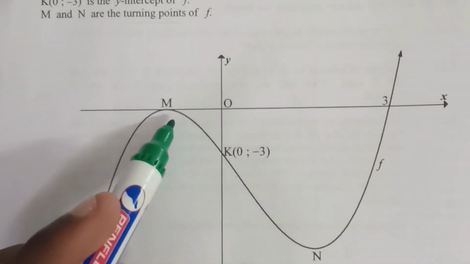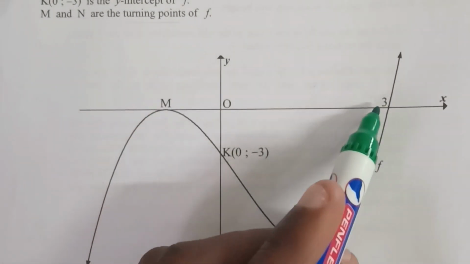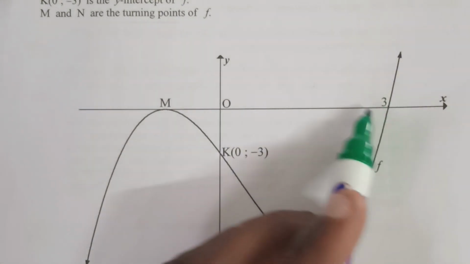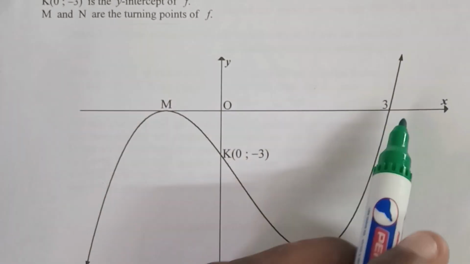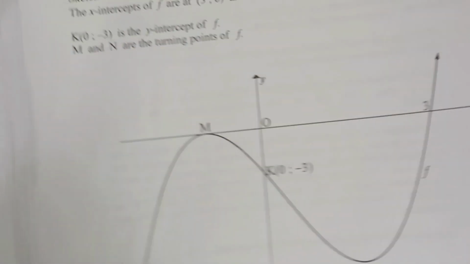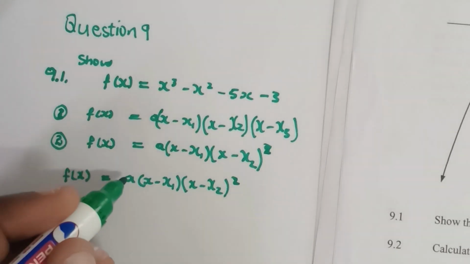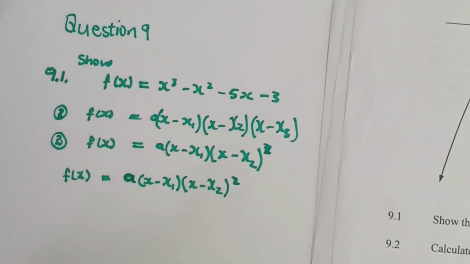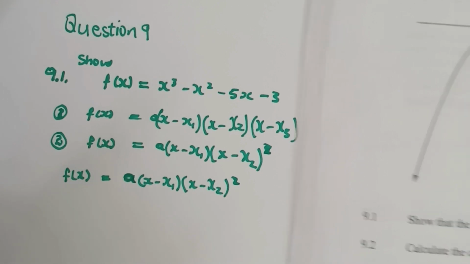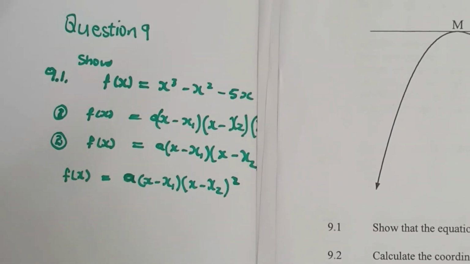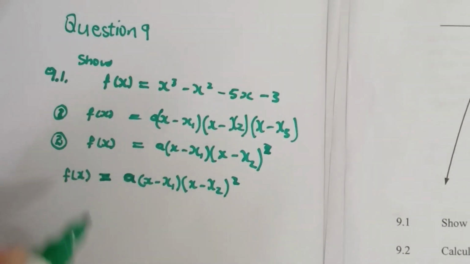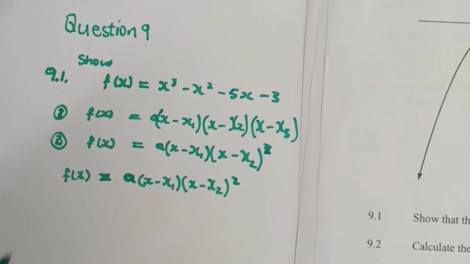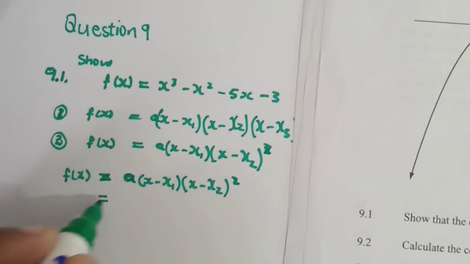You only use it because you have a turning point and also an x-intercept at that point, and you have one more x-intercept. So we use that general form to find the equation. So let's show that. Okay, now let's plug in everything, but be mindful of that.